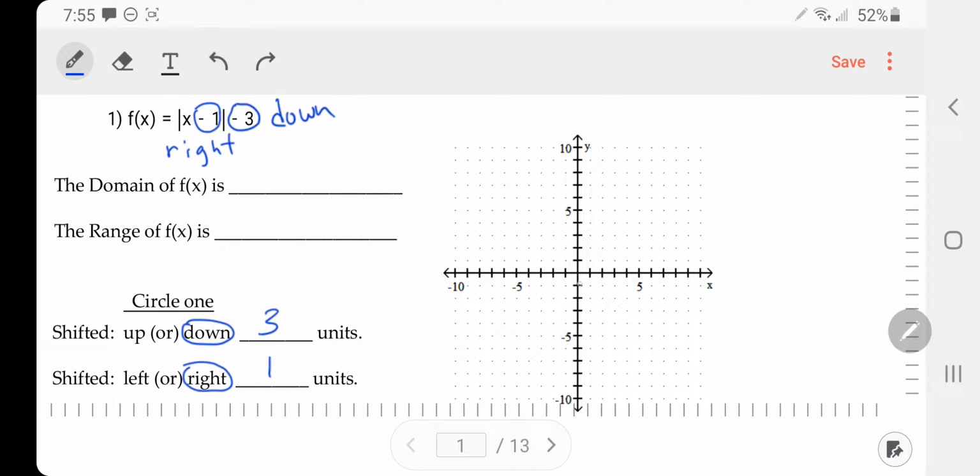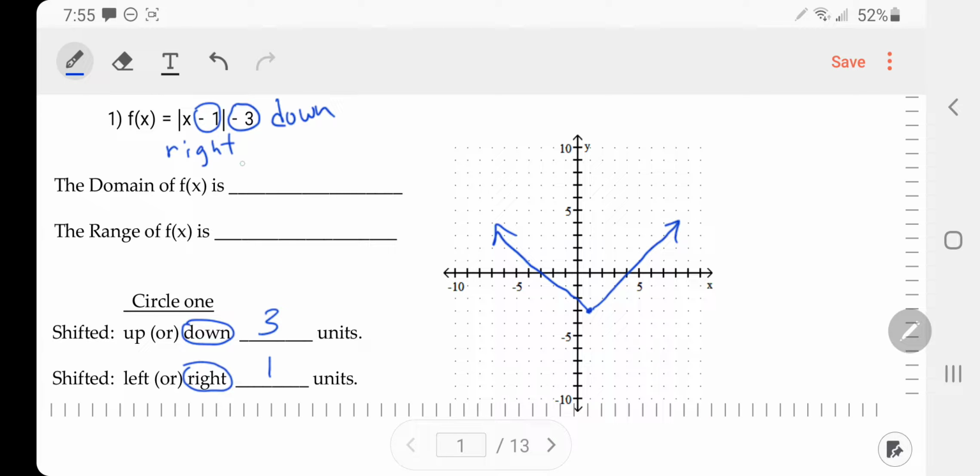So if I go down 3 and right 1, then our V is going to be here. That is the vertex shifted down 3, right 1. The fact that it's an absolute value is what makes the shape a V. And now that we have the graph, we can get the domain and range.